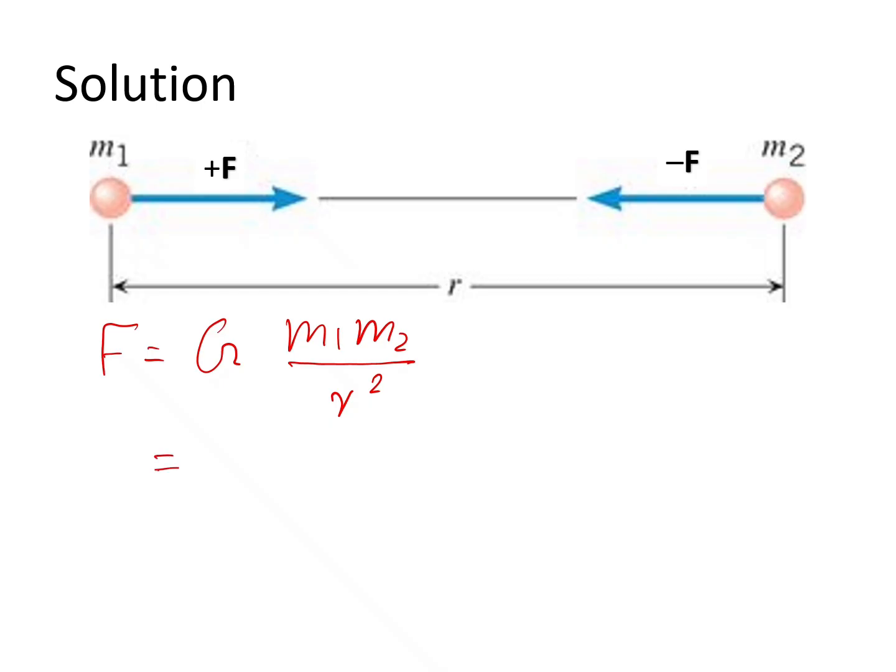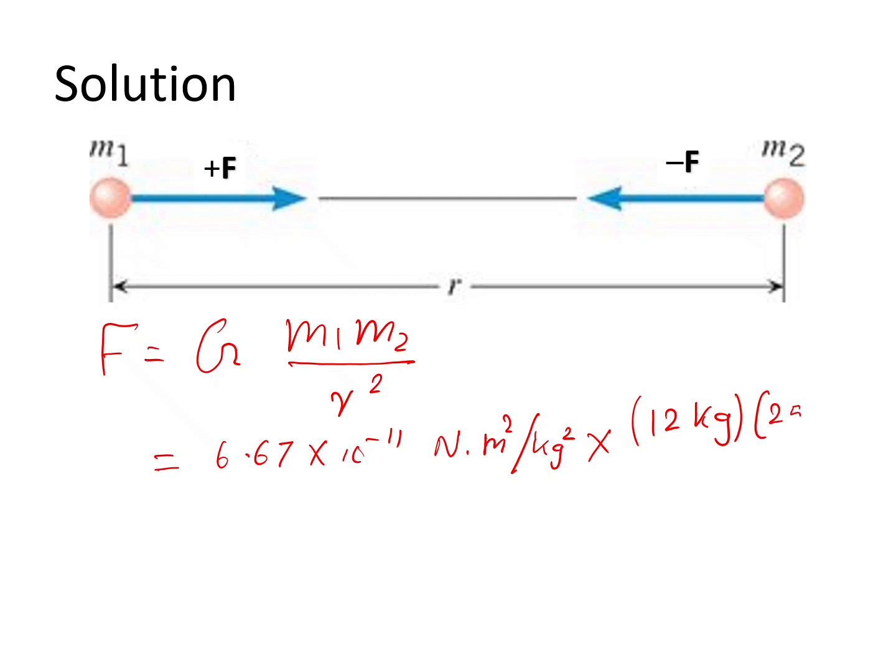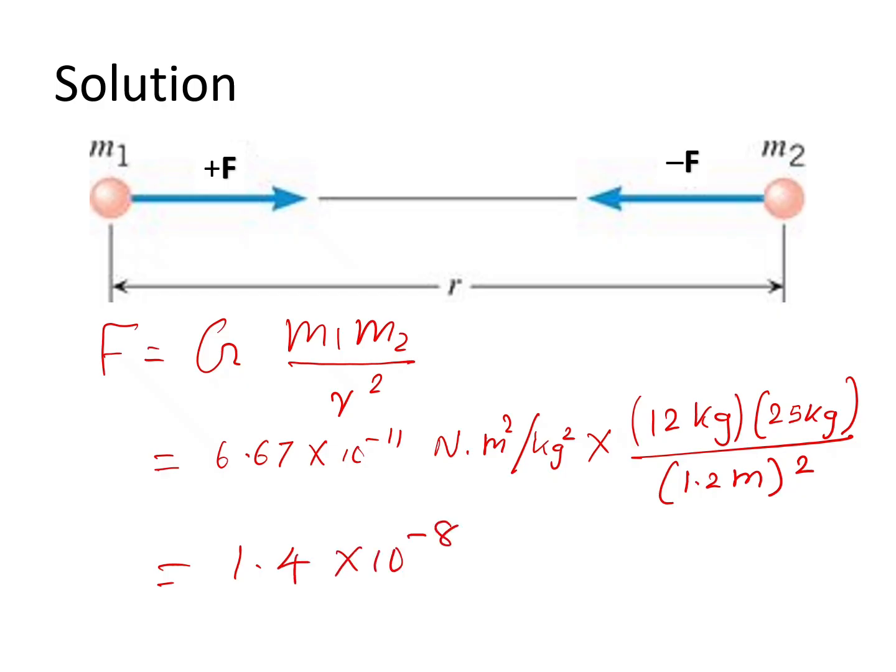So G is 6.67 times 10 to the power minus 11 newton meter squared per kilogram squared, multiplied by 12 kilograms times 25 kilograms divided by 1.2 meters squared, and this gives us 1.4 times 10 to the power minus 8.